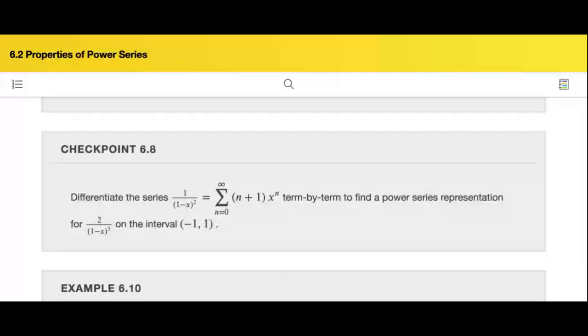The third one, 5x raised to 4, will be 20x raised to 3. So what's the pattern? So 2 is n equals 0. 6x is n equals 1. And 12x squared, so n equals 2. So how do we write a function for this?